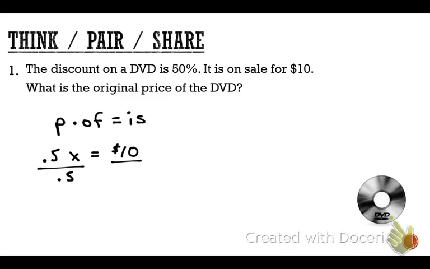Now we're going to divide by 0.5 on both sides. When you do that, what's the answer? $20. Does $20 make sense? Yeah, because guess what? $10 right here is exactly 50% of the original price, $20. That means it's exactly half of the original price. How many of you got that? Okay, good job.